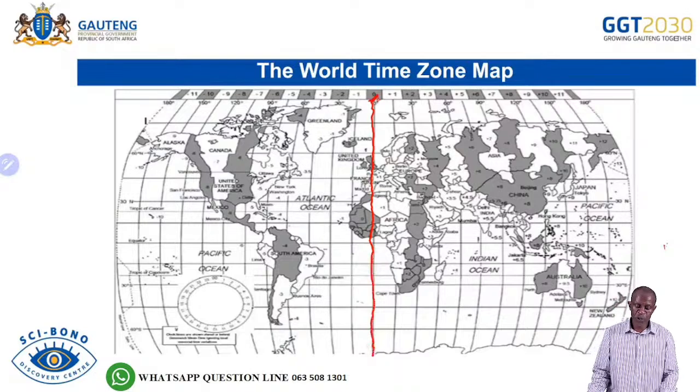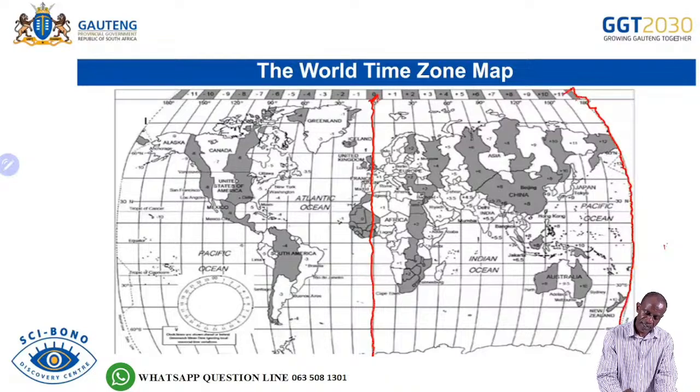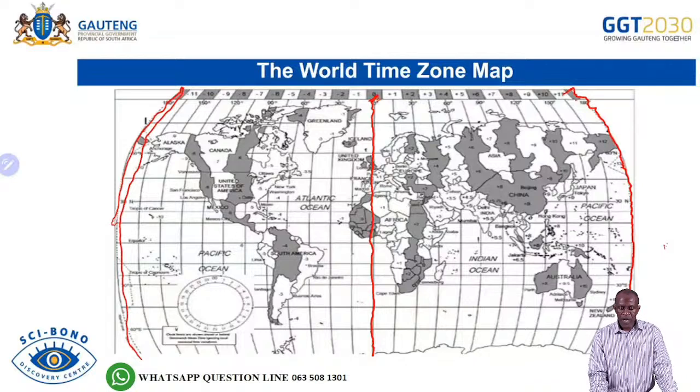We have also spoken much about the international dateline, which is found right at the edge of your map in the east, and right at the edge of your map in the west.